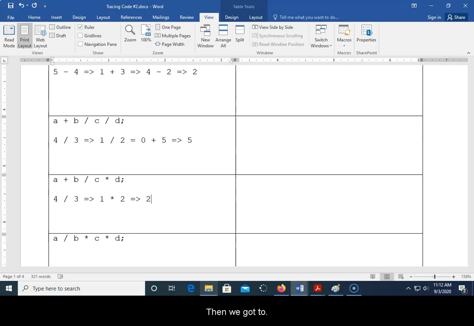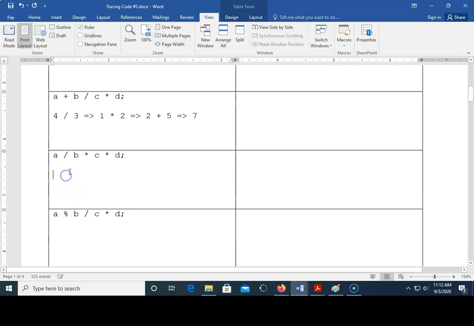And then we got 2 plus A is 5, so that gives us 7. Next up, we got 5 divided by 4, this gives us 1. 1 times 3 is 3, times 2 is 6.